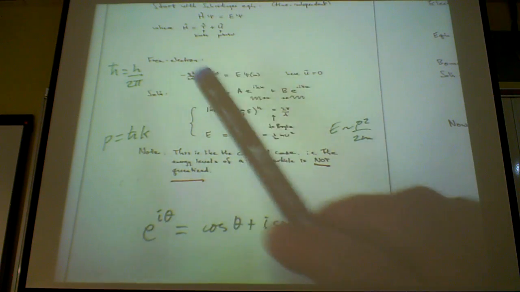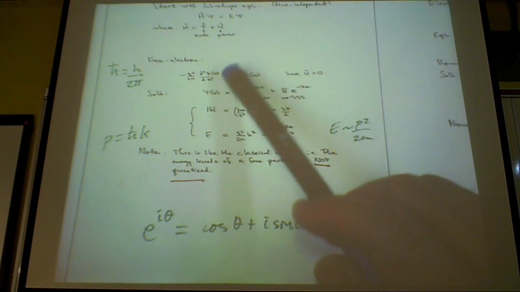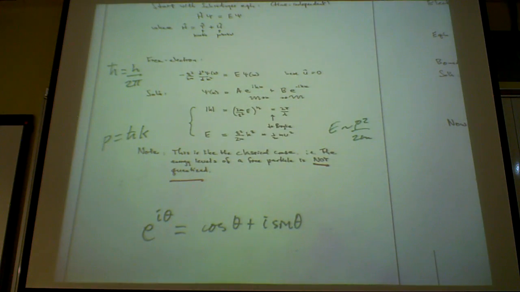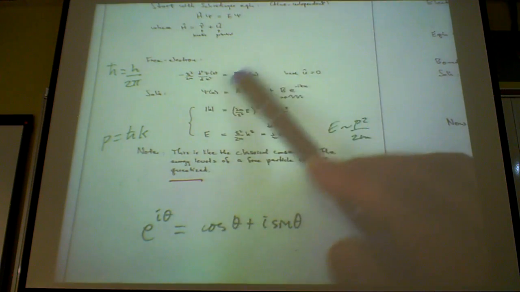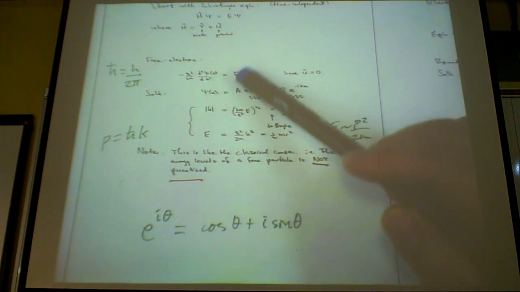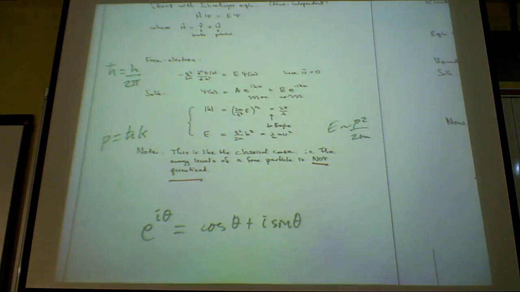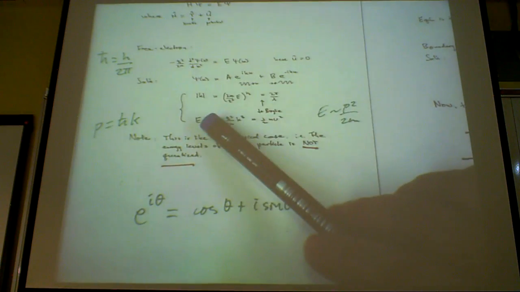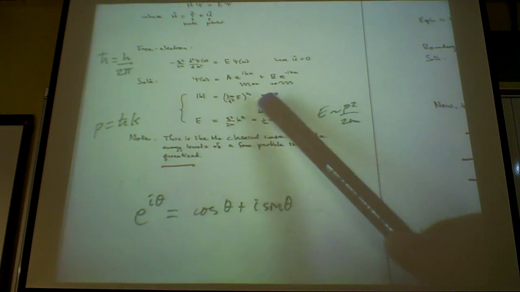It's special because you do some operation and then you get some constant out times the function itself. And this corresponds to the characteristic function, with a so-called characteristic value, or eigenvalue, along with this function that you got. And this eigenvalue corresponds to the energy.